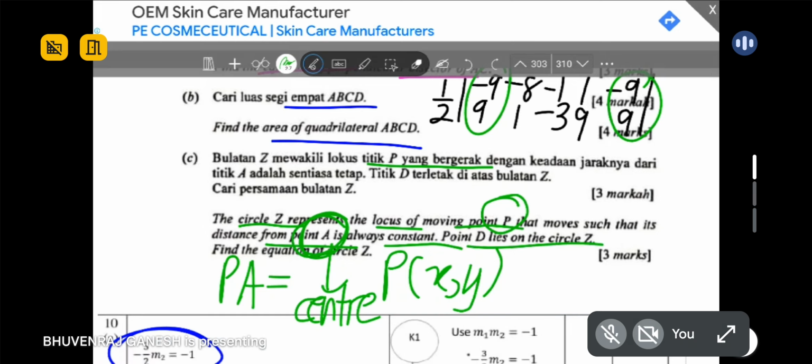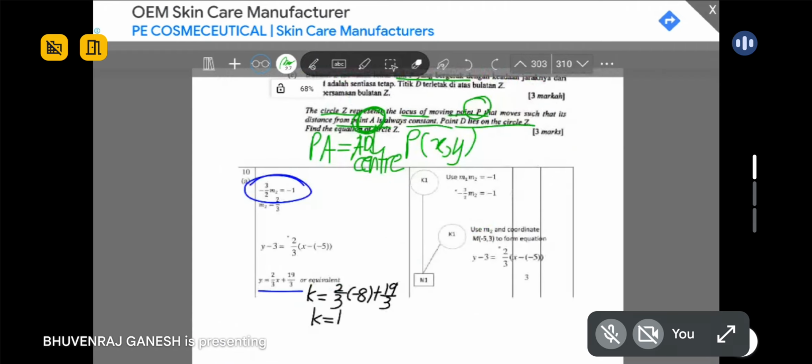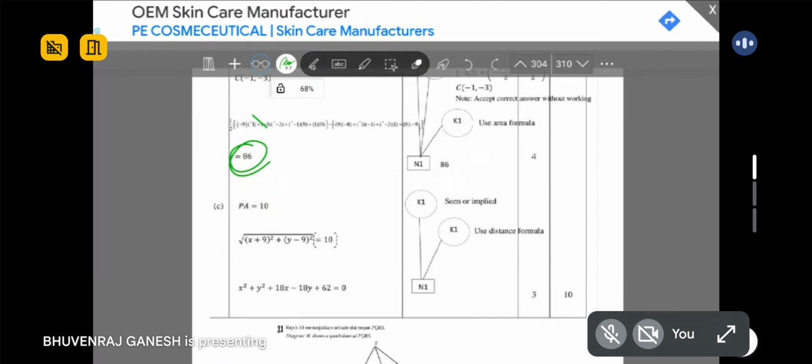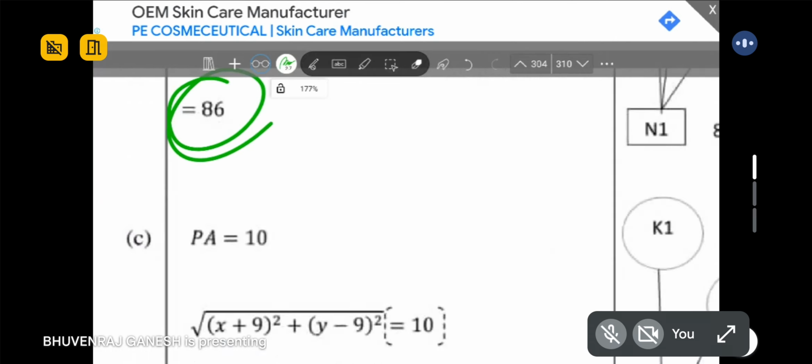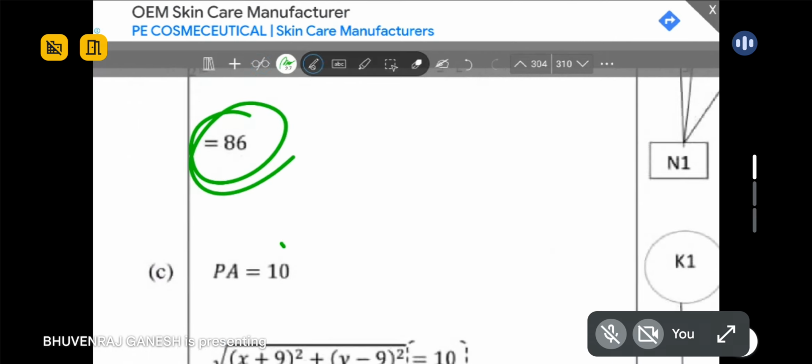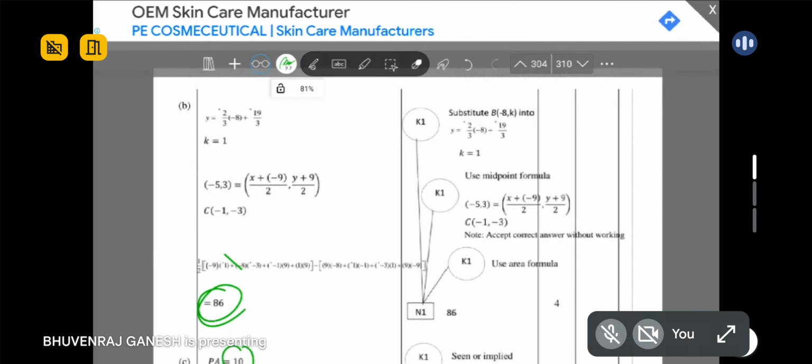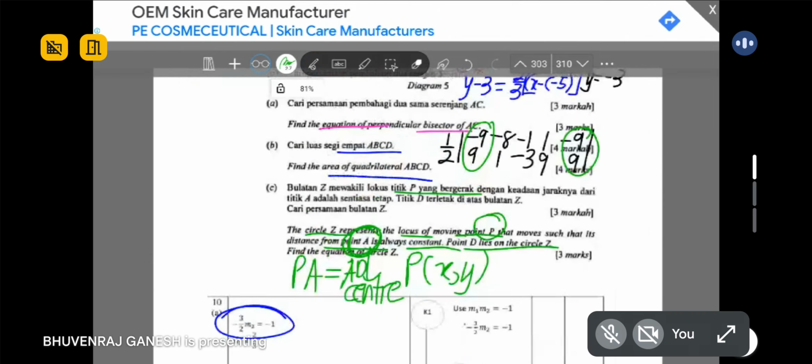Okay, so mean that PA is equal to what? They say point D also lie on the circle. So mean that equal to AD. Am I right? Because A is the center. So A to P, the distance from A to D should also be the same. Sama. So you know how to find distance, right, guys? Just use the distance formula. Guna rumus jarak. Okay, so how they get the 10? The 10 come from the distance of AD.